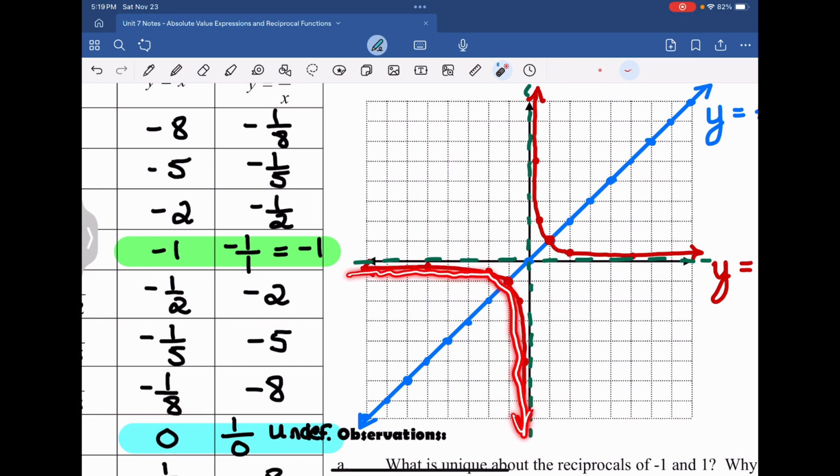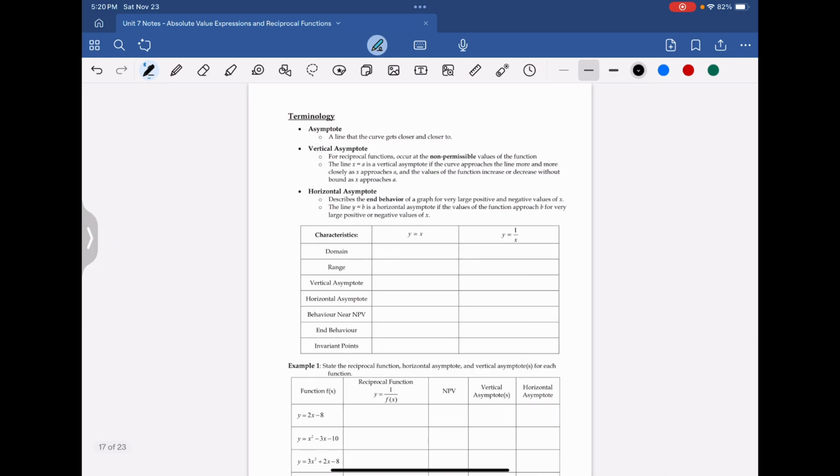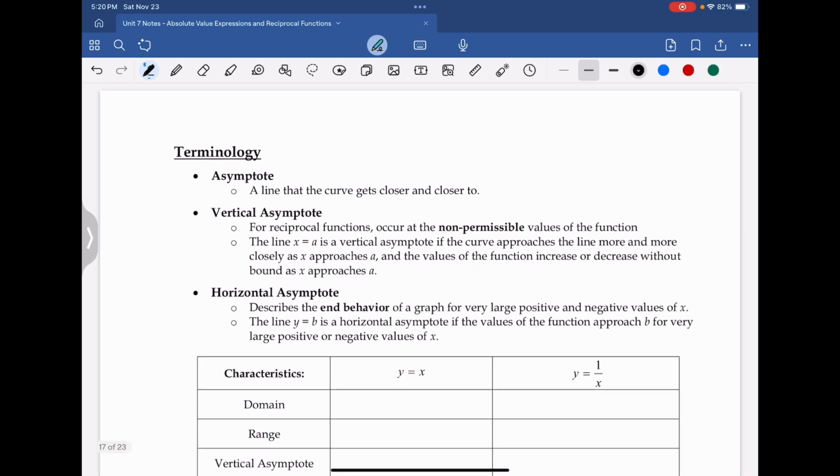It goes to the left to infinity, it goes down to infinity, it goes up to infinity, and to the right to infinity, but it never actually crosses those green lines. And that's very intentional. That is something we need to definitely consider, because we've talked about it a little bit, but not fully. And that's where our next page is really going to dive into this. All right, let's go to our next page here.